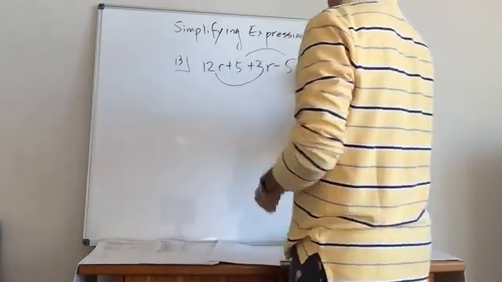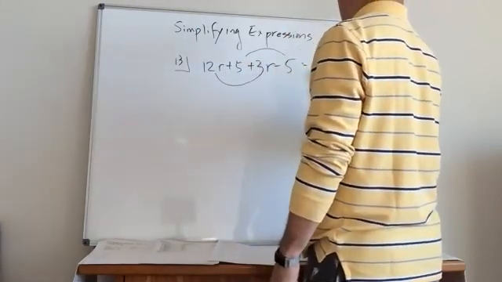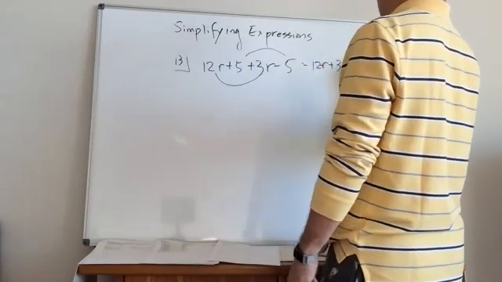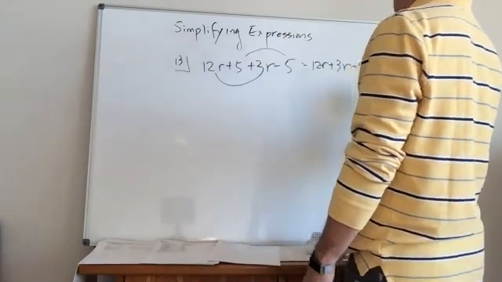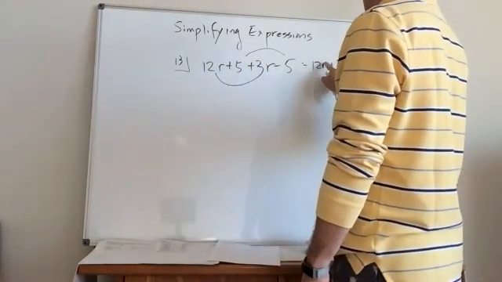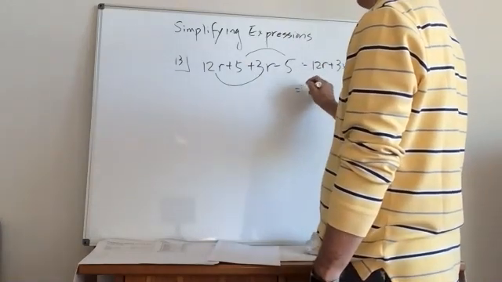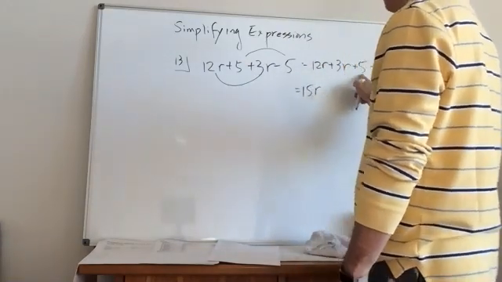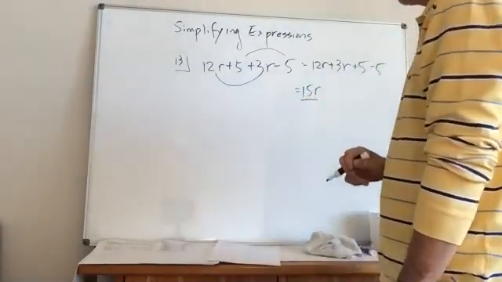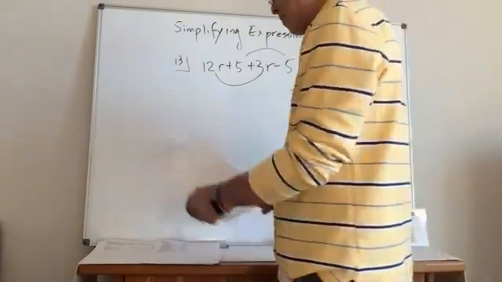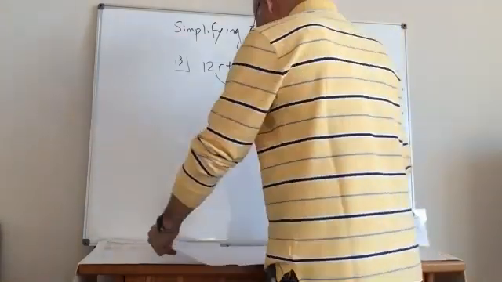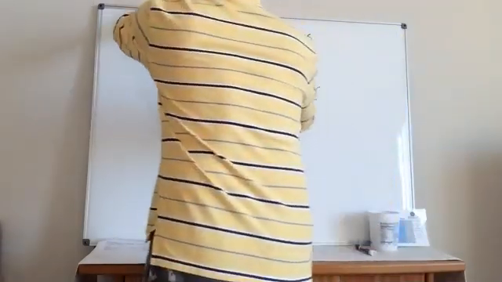So I'm going to have 12r plus 3r, and I'm going to have 5 minus 5. 12r plus 3r is 15r, and 5 minus 5 is 0. So this is what I end up with. That's the answer. Okay. Let's go to number 14.